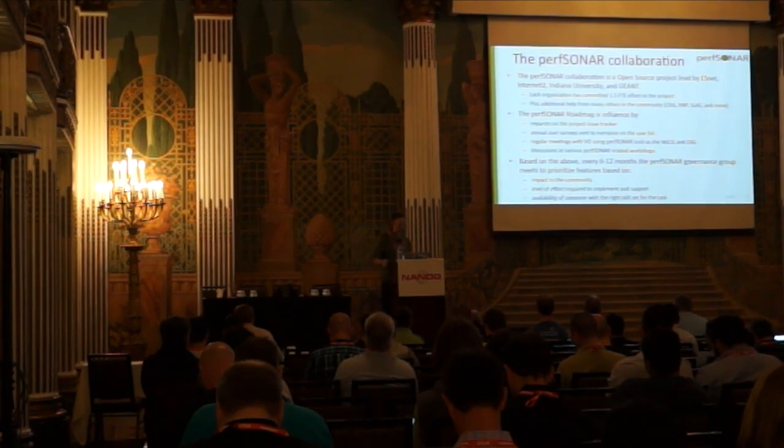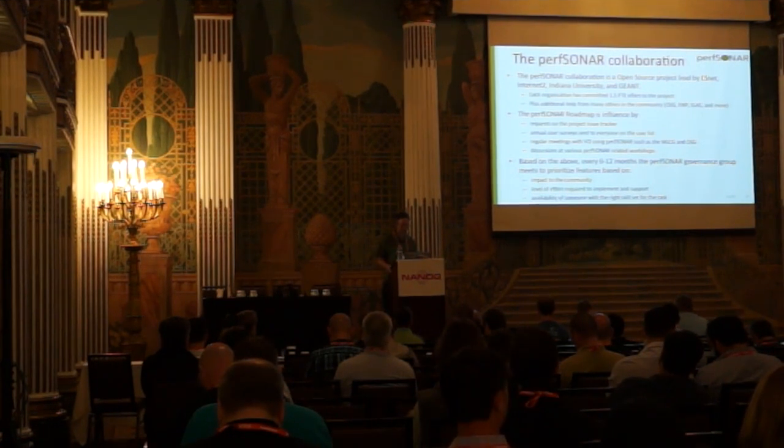So the perfSONAR collaboration has evolved over the years. Various organizations have come and gone from it, but we're at its strongest point ever now, and the greatest number of FTEs working on it in the collaboration's history. Right now, the collaboration's led by ESnet, Internet2, Indiana University, and GEANT, which is the R&E network in Europe.